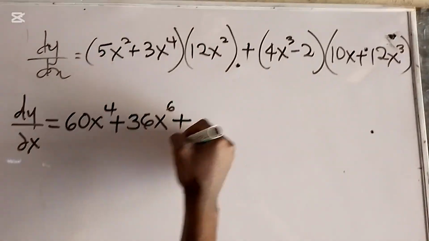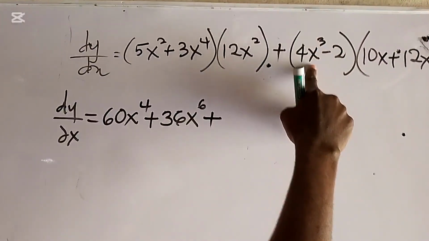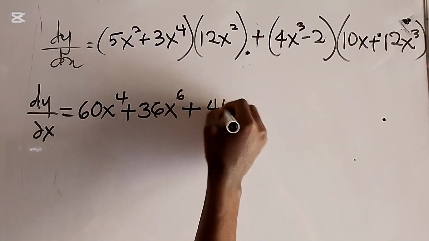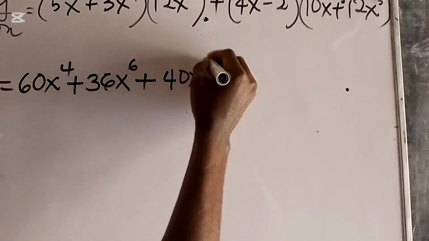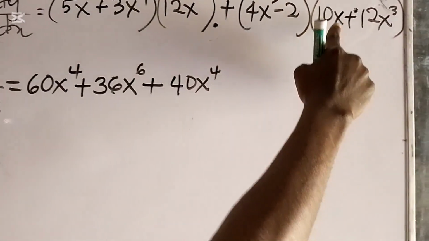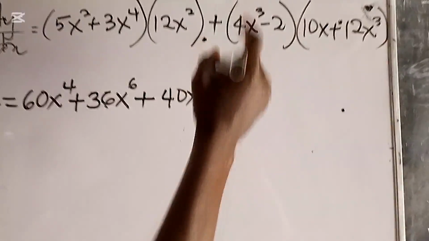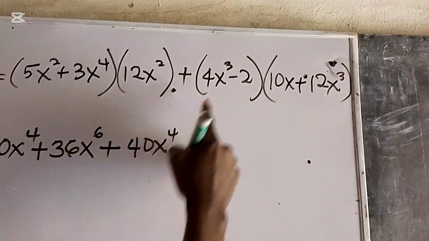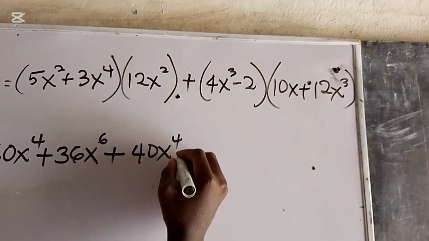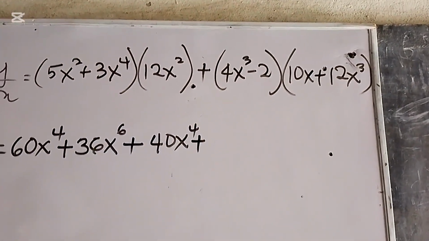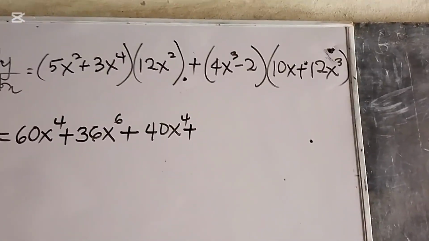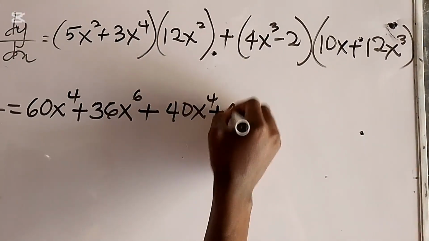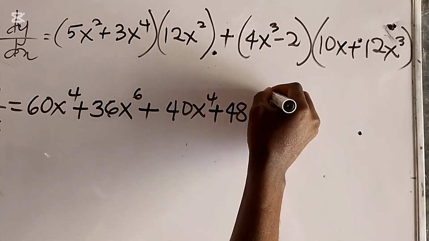Then 4x cubed multiplied by 10, we have 40x to the 4th power, since x cubed multiplying x. Then we also have plus 4 multiplying 12, it gives us 48x to the 6th power.